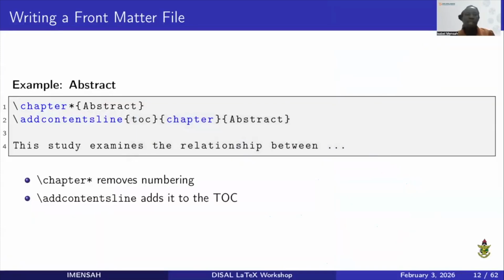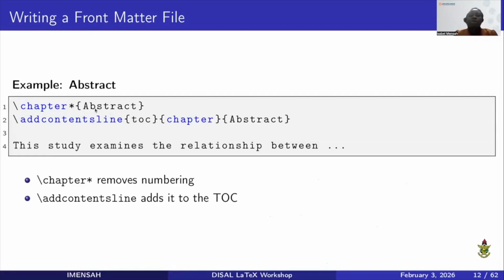So the first thing you do is to show that it is a chapter called abstract. But because in a regular thesis, we don't like to number the front matter, you always have to put an asterisk on the chapter so that it wouldn't number it. So you do \chapter*{abstract}.